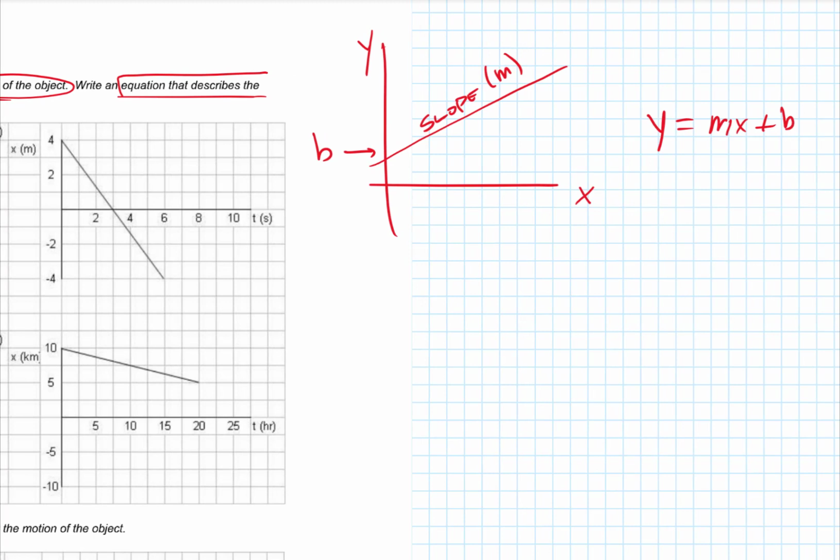But what we've been doing is making our graphs not y, but position. So instead of a y here, we're going to write position. And instead of the x-axis, it's time.